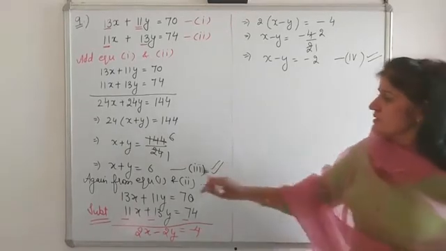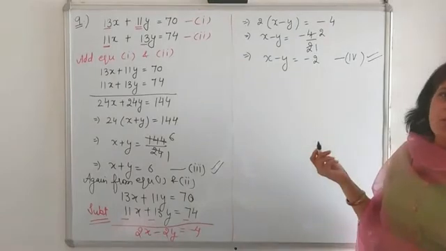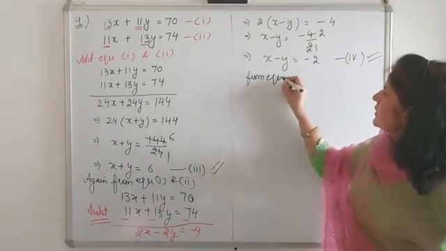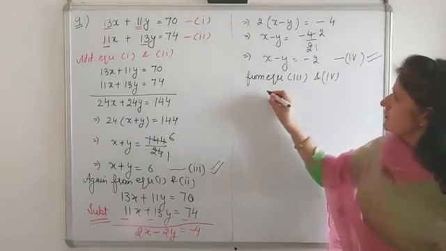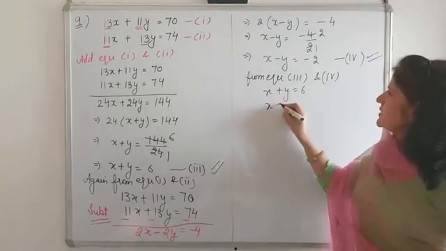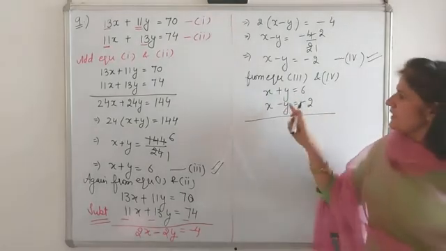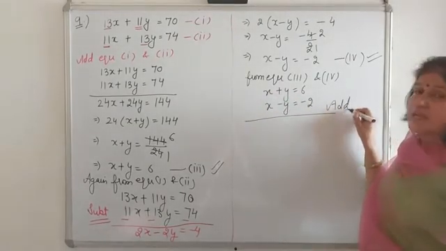Now we take equation 3rd and equation 4th to find the value of x and y. You can see no need to multiply any term already. They have the same coefficient. So from equation 3rd and 4th, x plus y is 6. Here x minus y is minus 2. Already opposite sign, we add them and no need to change the sign.